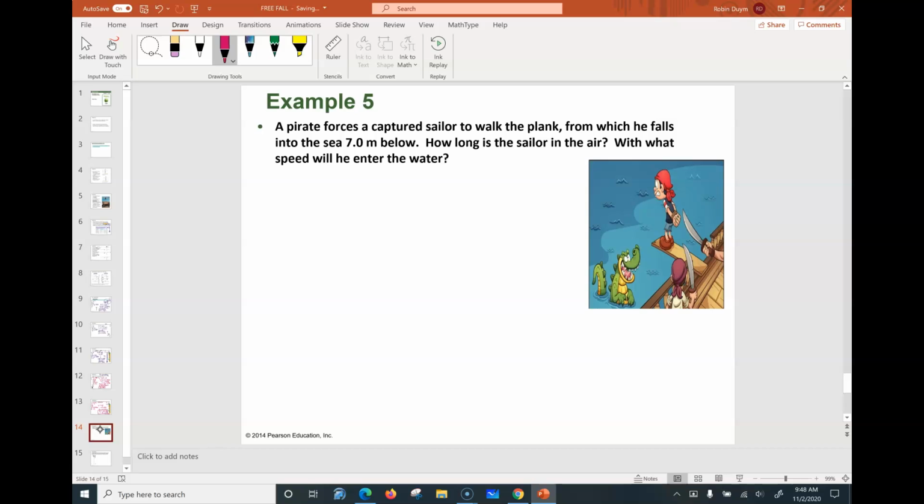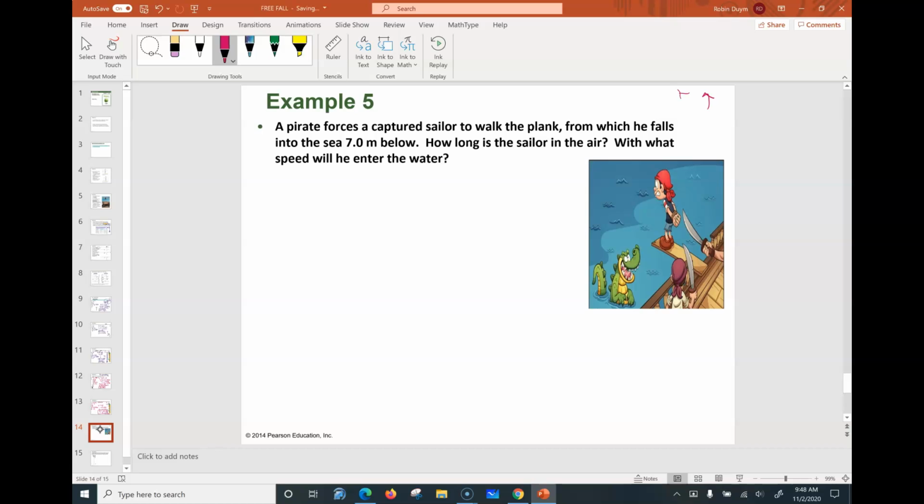So here we have a pirate forces a captured sailor to walk the plank from which he falls into the sea 7 meters below. How long is the sailor in the air? So we want to find time. And then with what speed will he enter the water? We also want to find final velocity. This is one where it's going to be really easy to confuse unless you draw a little diagram.